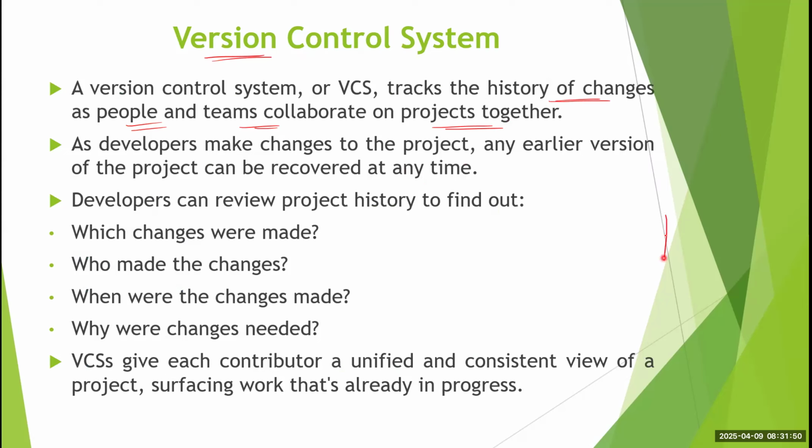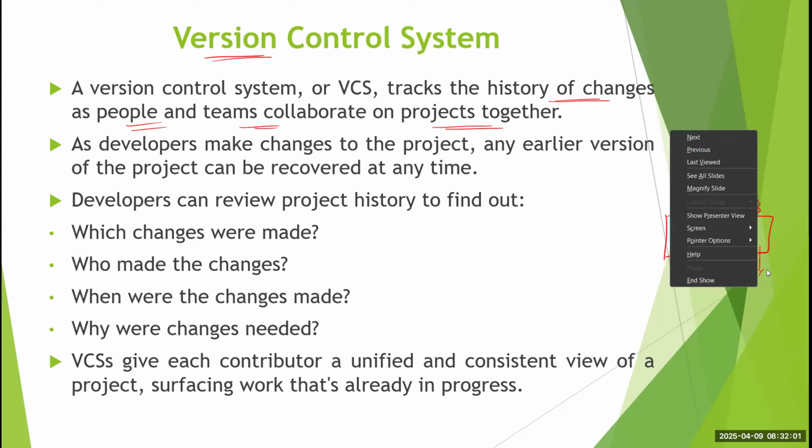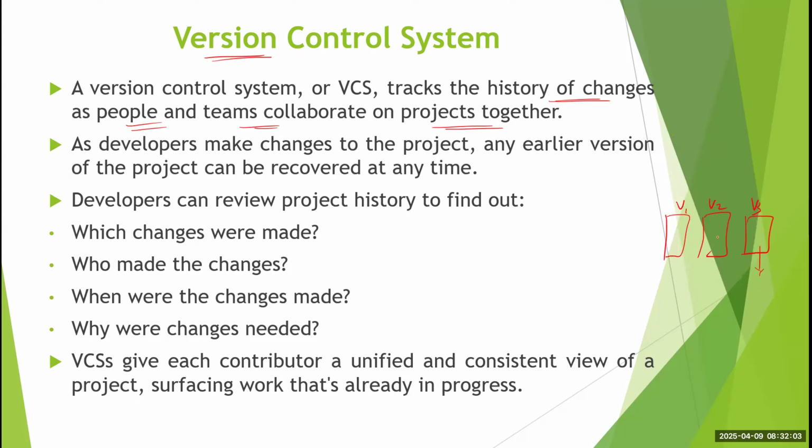So let's say you are maintaining multiple files in the repository. Every file has a latest version, correct? But suppose this version of the file gets crashed and I want to recover it, at least you will get the copy of the version in the previous file, right? So we are able to get that recovery also. We are able to track the entire history also. That's the reason version control is very important.